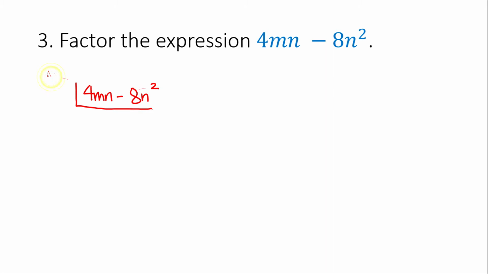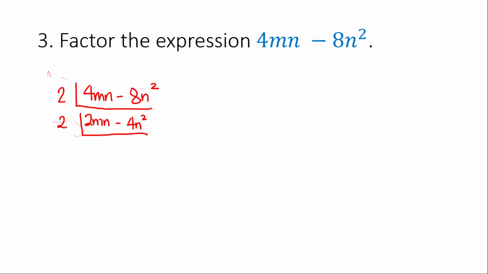So, halimbawa, naisip niya, okay, divide ko muna sa 2. So, that is 2mn. And then, yung 8n squared, divide ko sa 2, that is 4n squared. Okay lang, part by part, bits by bits. So, by inspection again, 2 and 4, pwede ko ulit siya i-divide sa 2.